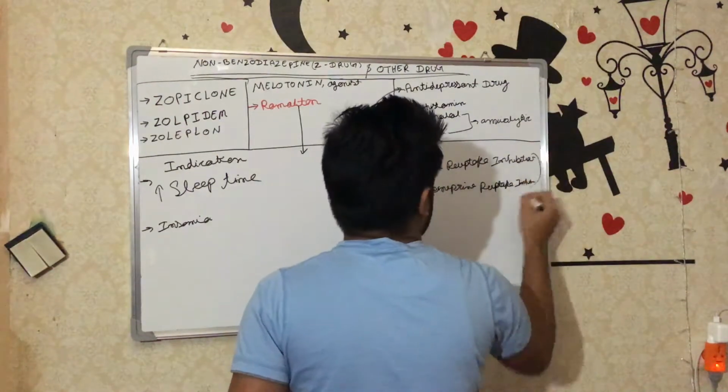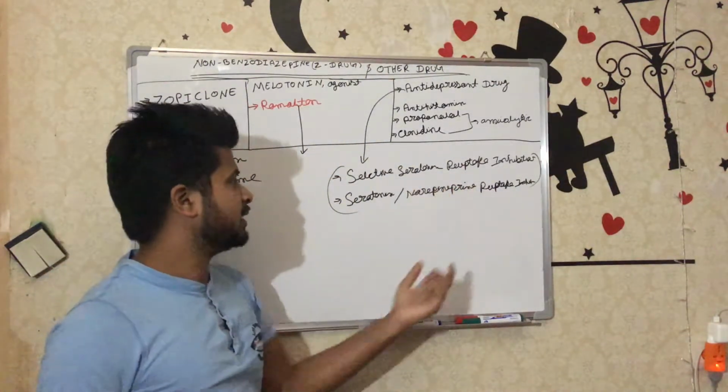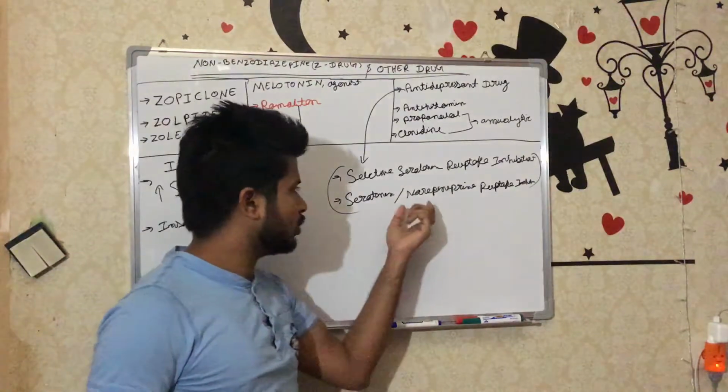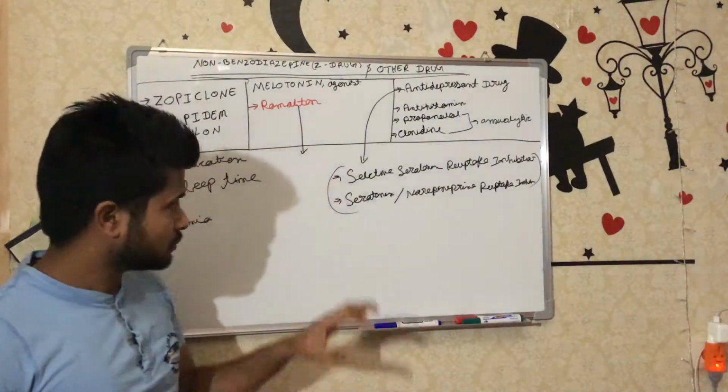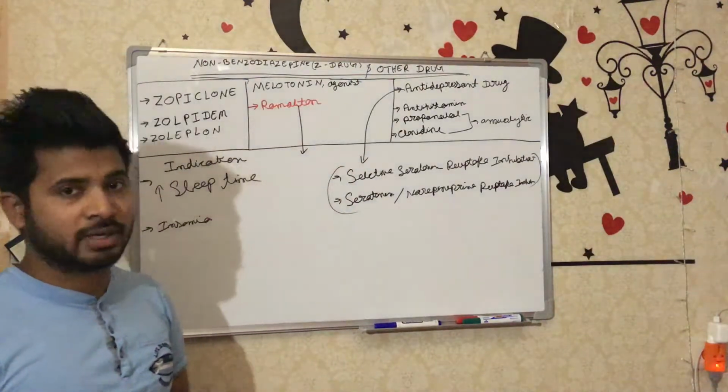In this group there are a lot of drugs, but you just have to know that selective serotonin reuptake inhibitors and serotonin norepinephrine reuptake inhibitors can have an effect like a hypnotic and anxiolytic.